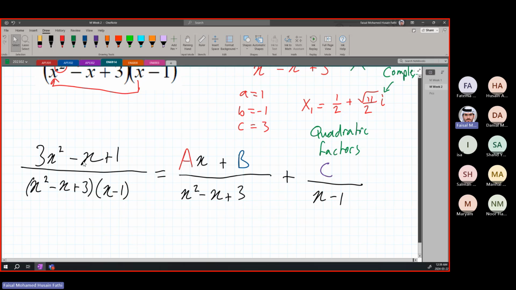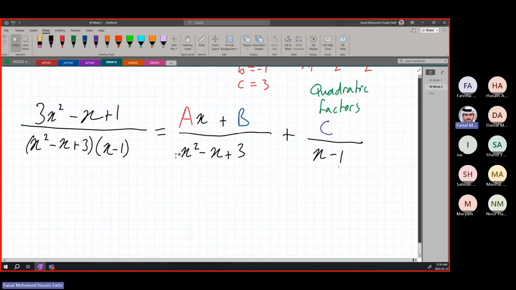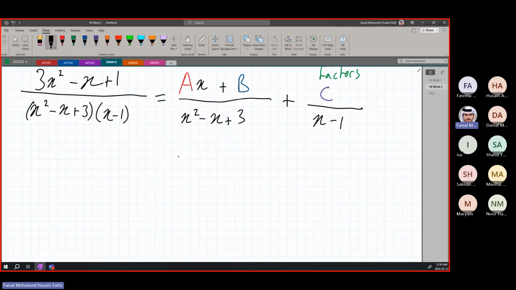And this is all equal to 3x squared minus x plus 1. Again, we will do the same concept where we're multiplying by x squared minus x plus 3 and x minus 1, the denominator, into everything. And then we're going to be multiplying it here, here, and here. So it's going to cancel out.